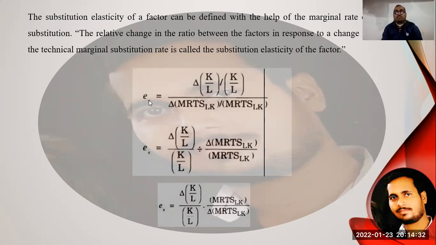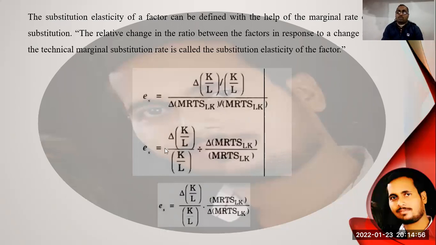Elasticity of substitution is equal to the change in capital upon labor over the previous amount of capital and labor, upon the change in the MRTS of LK divided by the MRTS of LK.